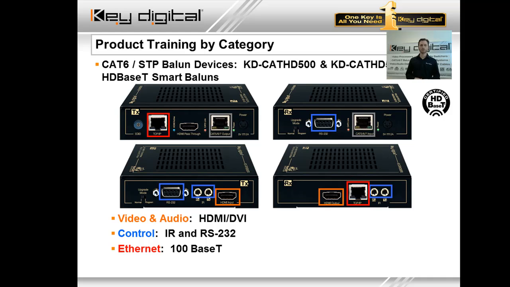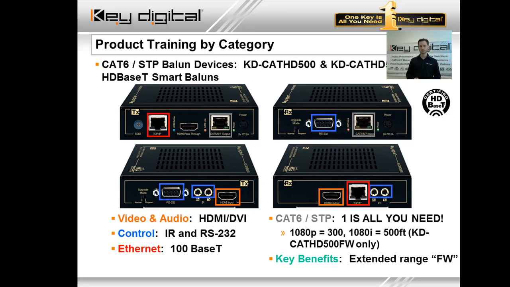Ethernet is also available and can be routed through the matrix and to the receive Balun. One cable is all you need, where again 300, 500 is your distance with third-party manufactured shielded Cat6 cable, or 400, 600 for the part with the Key Digital Cat6 shielded cable, KD Cat6 STP1X.